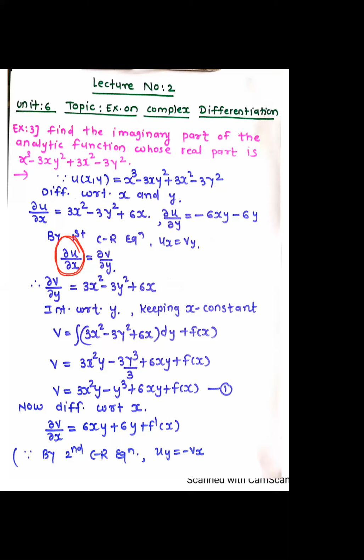So ∂v/∂y is equal to 3x square minus 3y square plus 6x. I have just substituted here the value of ∂u/∂x.